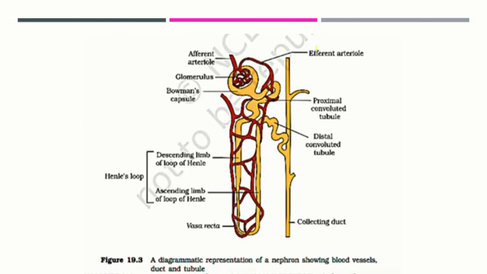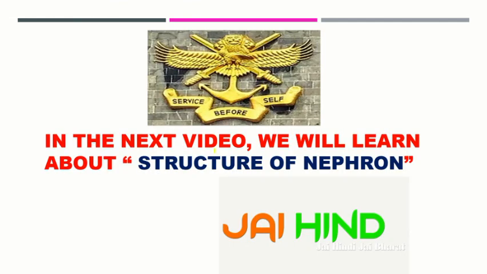We will learn this structure in the next video, that is the nephron, and we will learn where the nephron is actually located. So in the next video we will learn about the structure of the nephron. Don't miss studying the nephron. We will associate all these things with the kidney also.